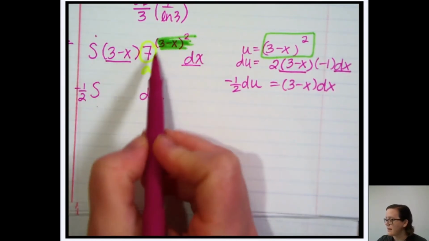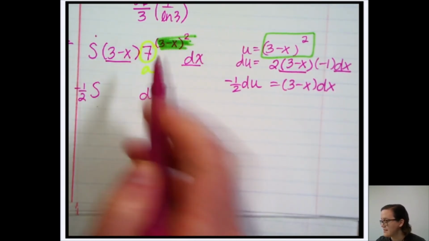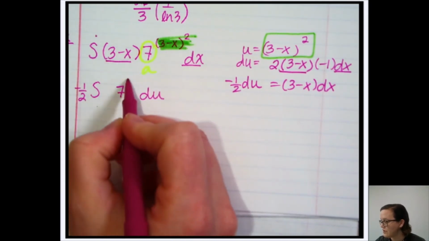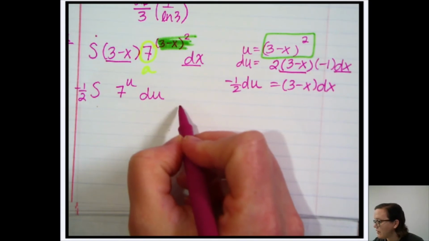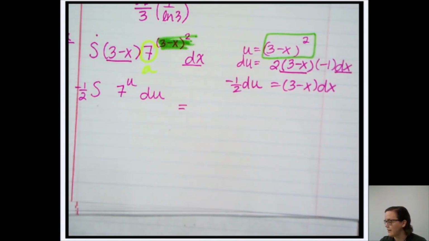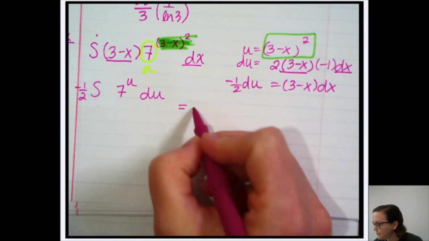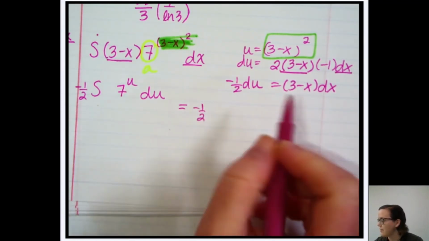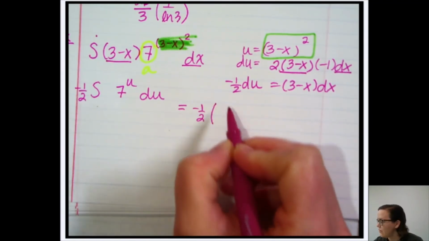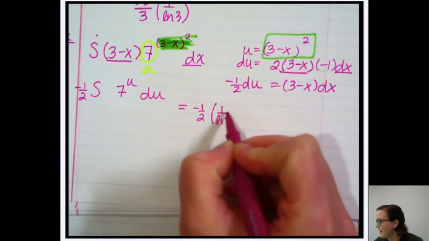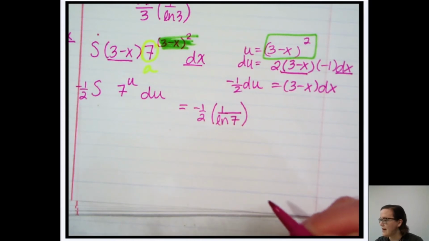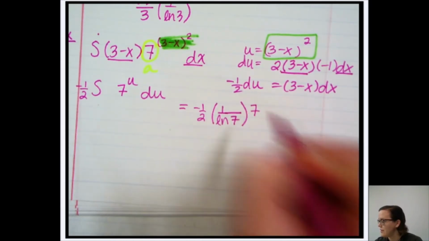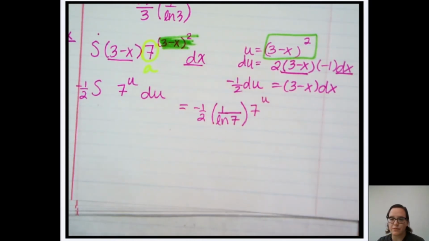Then I can just leave this as 7, but this is 7 to the u. So let's use that new formula that says if I have this exponential, then I can rewrite this as 1 over the natural log of our base, which was 7, times a, which was 7, to the x, which in this case we need to be u, plus c.